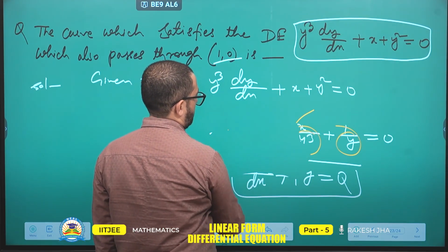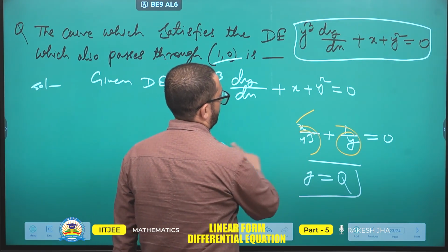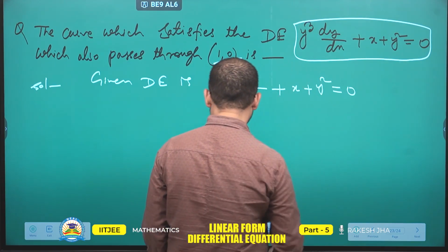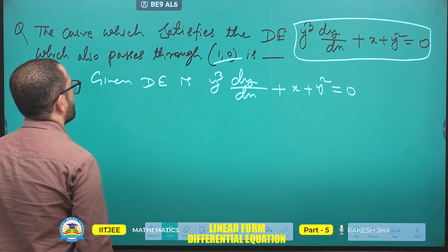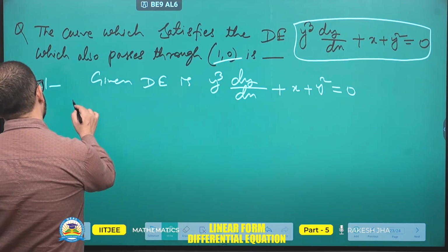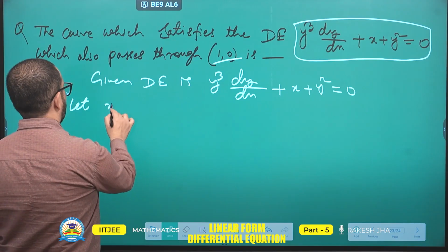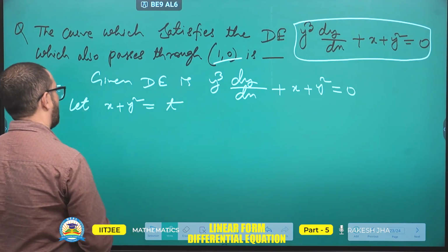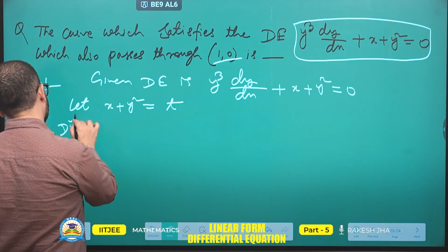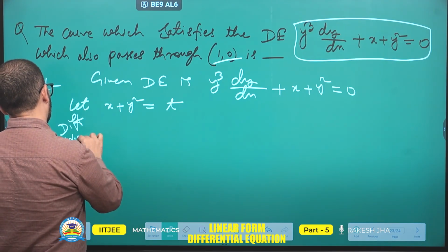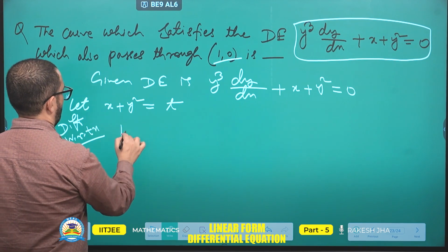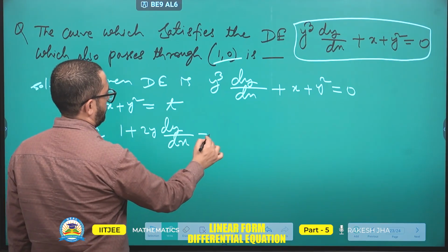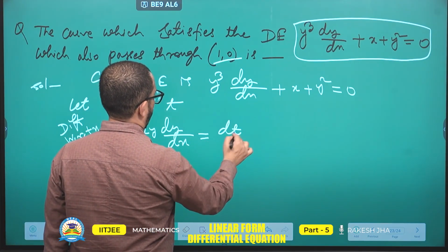Therefore we have to go for some substitution here. We can assume let x plus y square is equal to t. Then if you differentiate both sides with respect to x, 1 plus 2y dy by dx is equal to dt by dx.